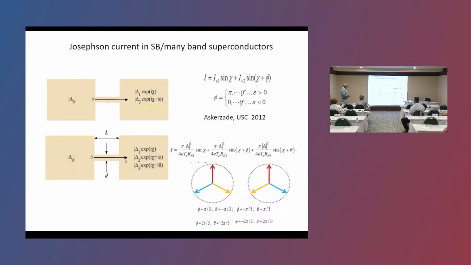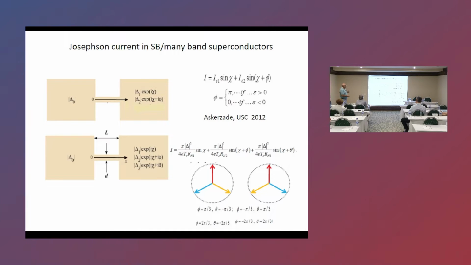we should take into account the two-channel character of Josephson current because, as you can see here, there is one phase difference in the Josephson junction, and here we have phi. This phi is related by the epsilon parameter. This epsilon parameter means the interband interaction parameter of the Ginzburg-Landau free energy functional.